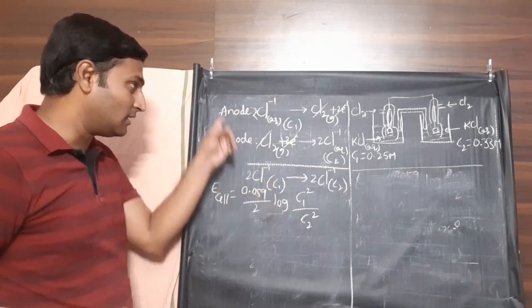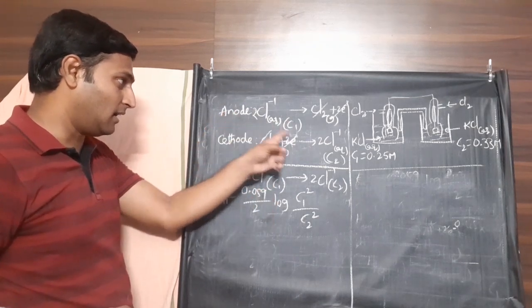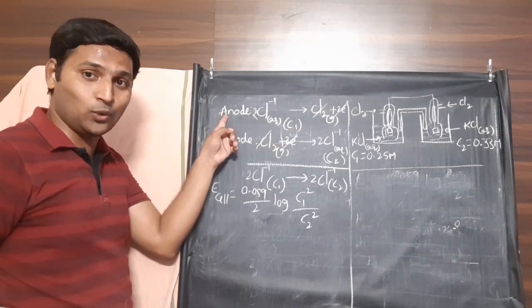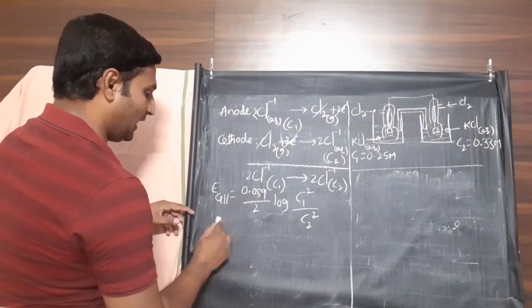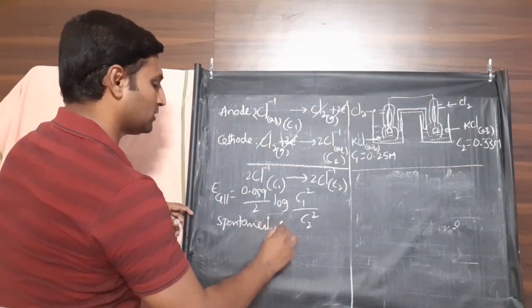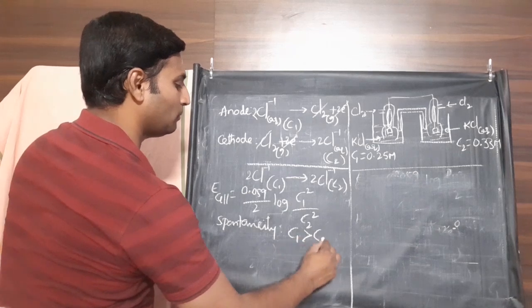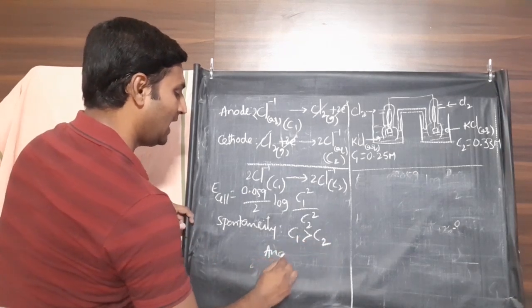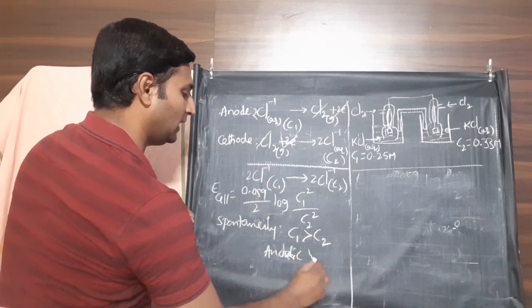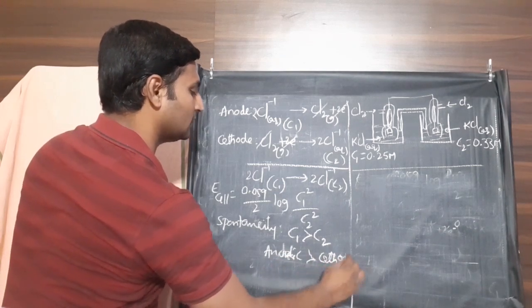C1 should be larger. And where is the concentration C1? It is at anode. So, in this case, for spontaneity, C1 should be larger than C2. That means anodic concentration should be larger than cathodic concentration.